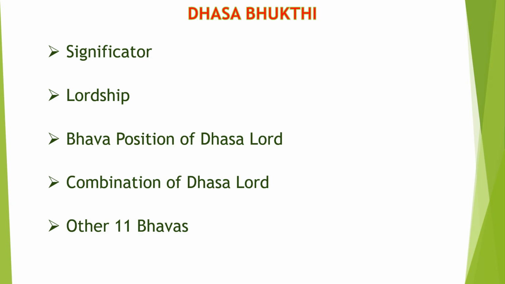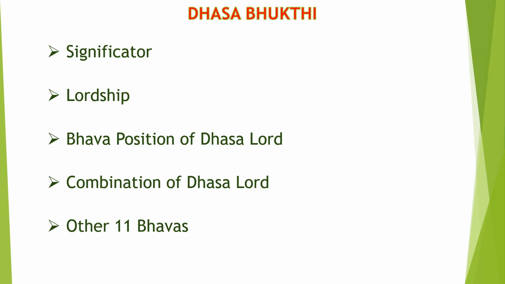If both the houses of Jupiter have planets in them, then Jupiter will not have any lordship and it will give its benefits to the bhava in which it is present alone. This is already learnt in the lordship lesson.